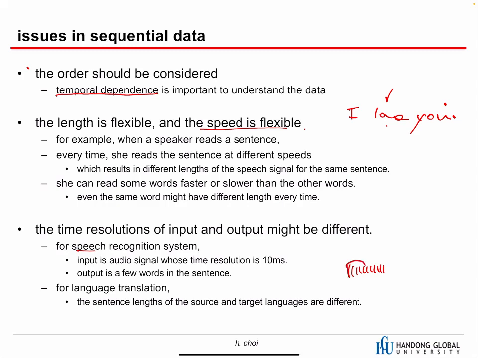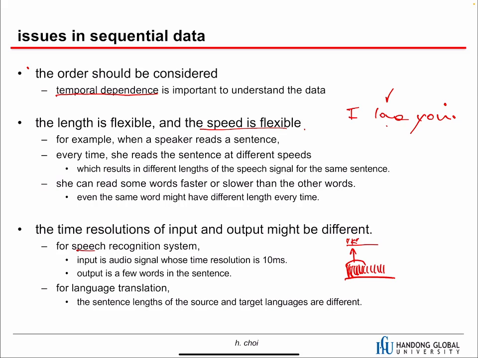So we have one phoneme over 5 input samples, like 50 milliseconds or something. So this one would be K. Something like that. So input has a different resolution, and the output has a different resolution. So that is another big issue.